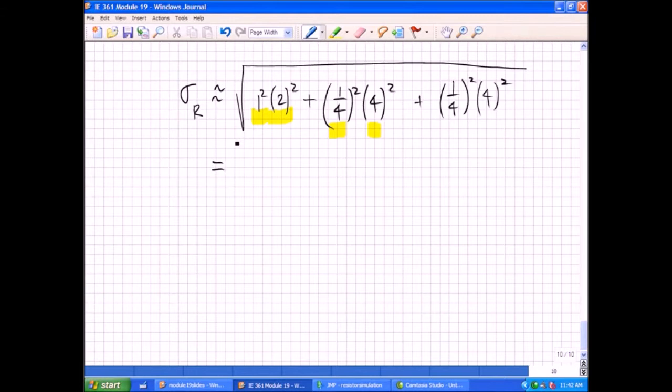When all is said and done, that is 2.45 ohms.